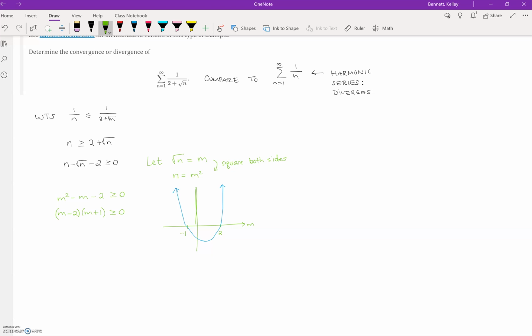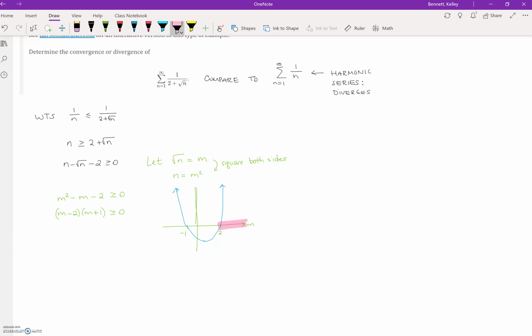And I can see that the parabola is above the x-axis starting at 2. So I'm just looking here. So this is the place starting at 2. This is the place where my parabola is above ground, if you will. It's above the x-axis.